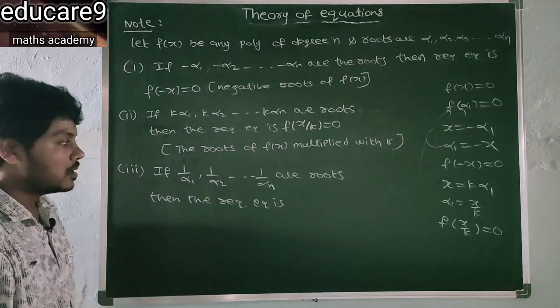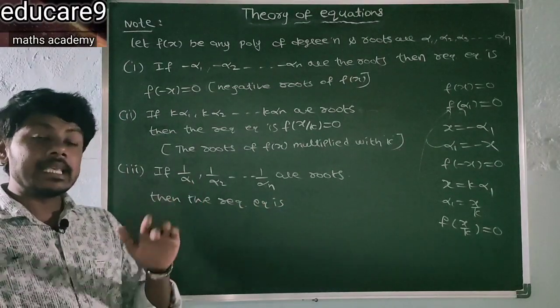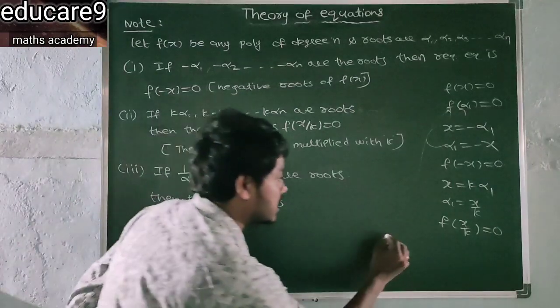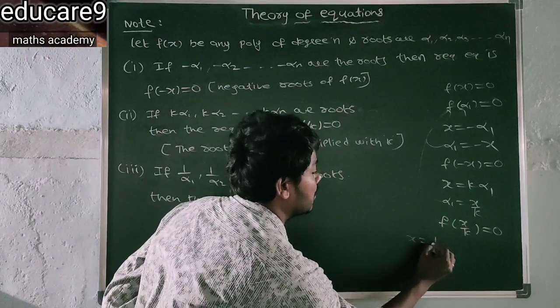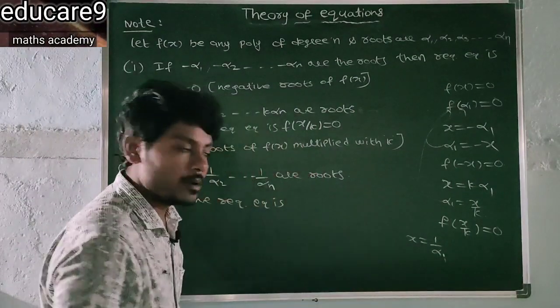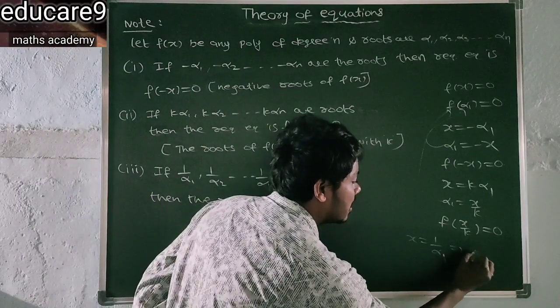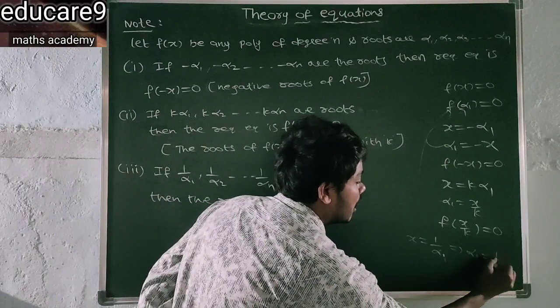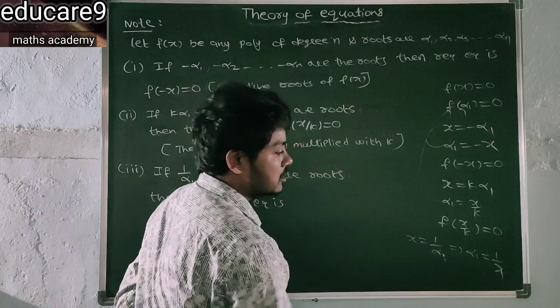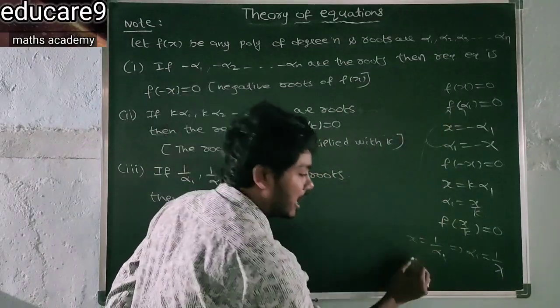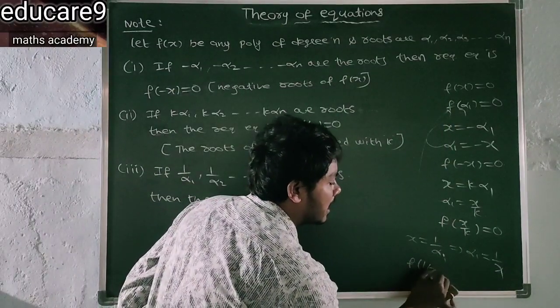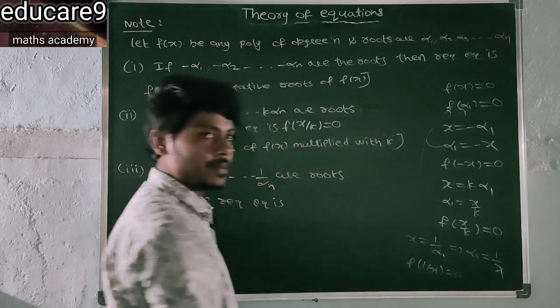See here, roots are what? Reciprocal. That is, x is equal to 1/α1. But what is α1? 1/x. Substitute α1 here. What you get? f(1/x) is equal to 0.